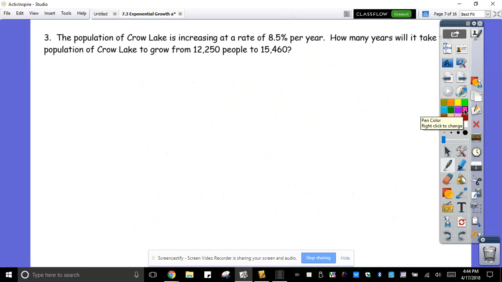Next, the population of Crow Lake is increasing at a rate of 8.5%, so 0.085 is my rate. How many years will it take the population of Crow Lake to grow from 12,250 to 15,460? This is the question wherein you have to use the calculator, but first, let's put in the formula.